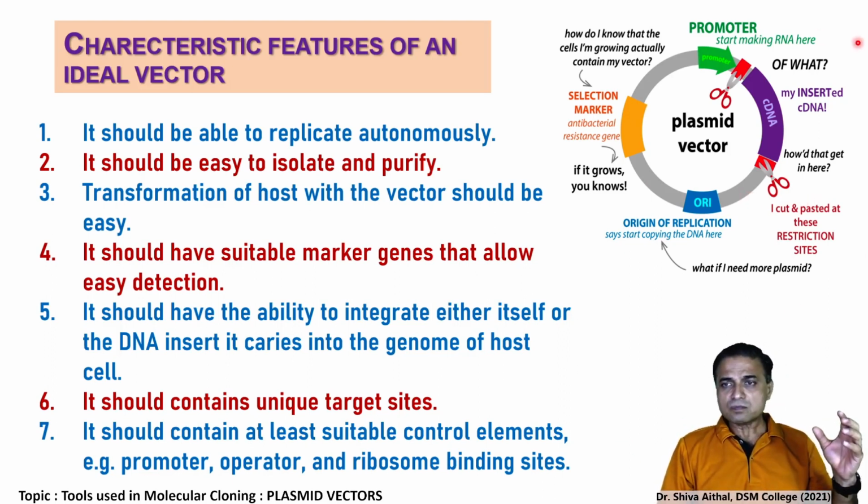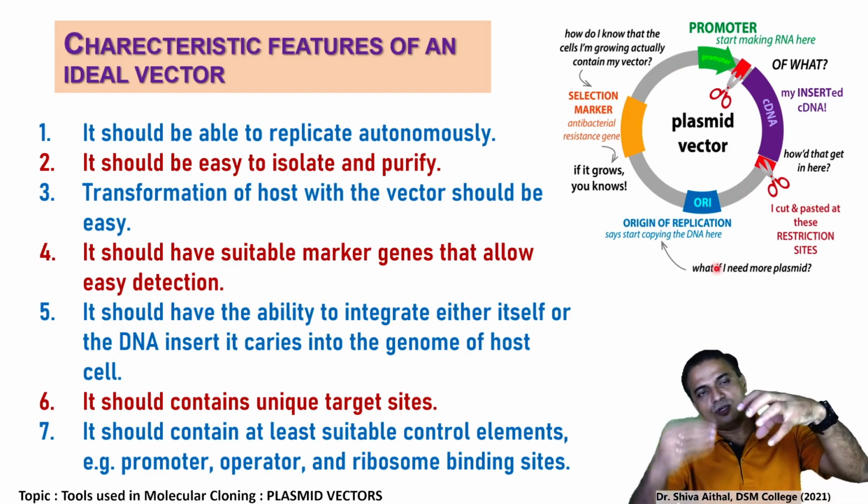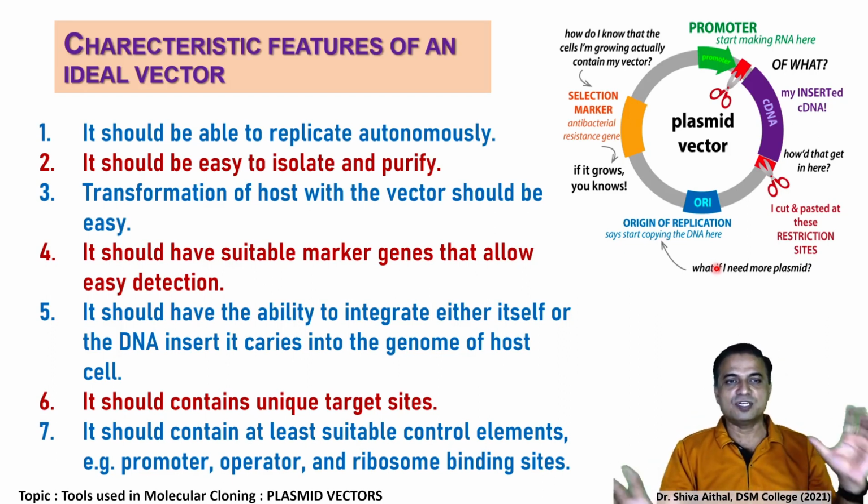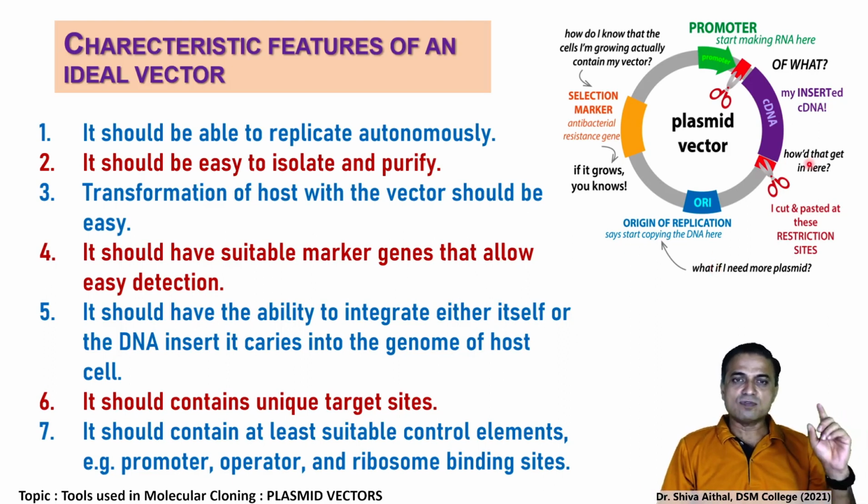Usually the process used for introducing a plasmid containing your gene of interest into the host cell is a transformation technique. So transformation of the host with the vector should be easy.